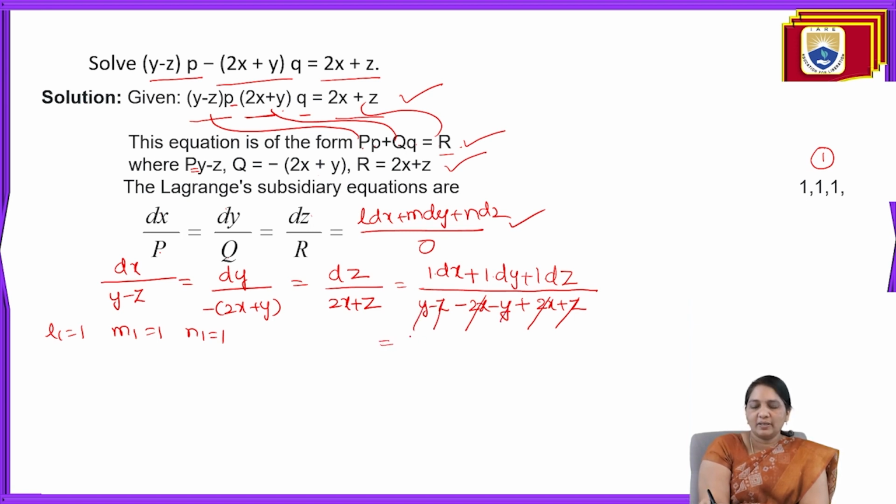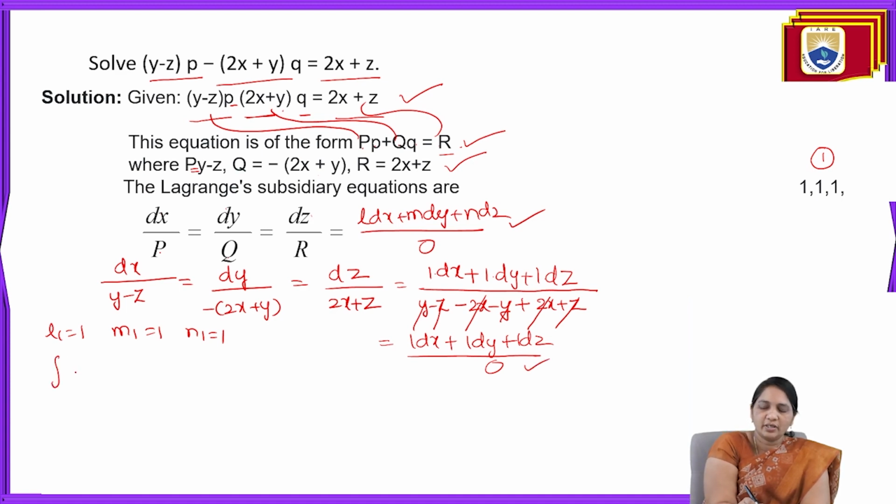Now I got dx plus dy plus dz and the denominator is 0. When this condition is satisfied, we integrate: integral dx plus integral dy plus integral dz equal to some constant. So integral dx is x, integral dy is y, integral dz is z.